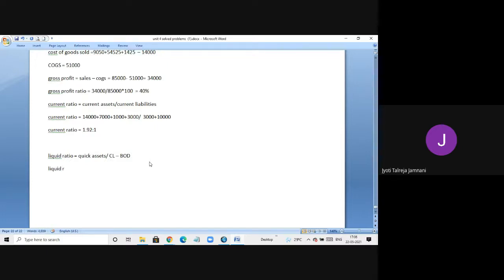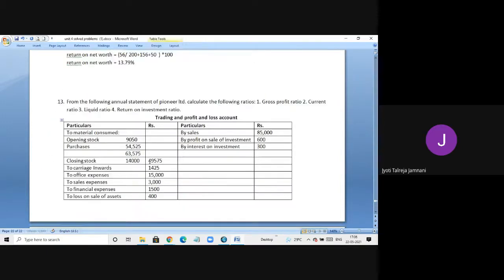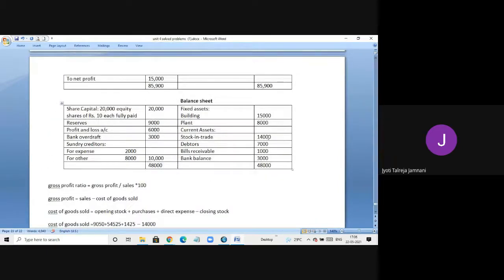So liquid ratio equals, in the current assets we have to leave stock and take everything else. So let's see. If I leave stock 14,000, I can take debtors 7, bills receivable 1, and bank balance 3.